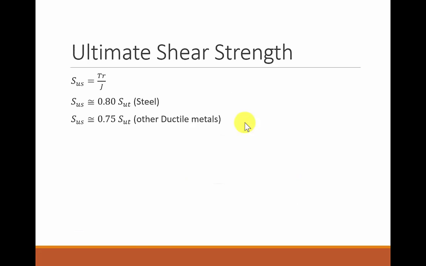So let's talk about when we apply so much shear stress to the material that it actually fails. Before, when we talked about stresses, we would talk about force divided by area. Now we're talking about force times a distance, or a torque, times the distance again.